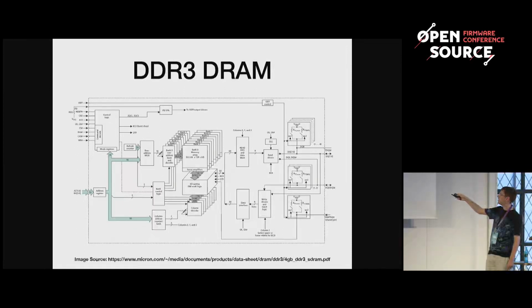Then the row gets loaded into the sense amplifiers. And then you can select which of those columns you want to access. And that's then put into the buffers of the read and write interface, or the data interface.